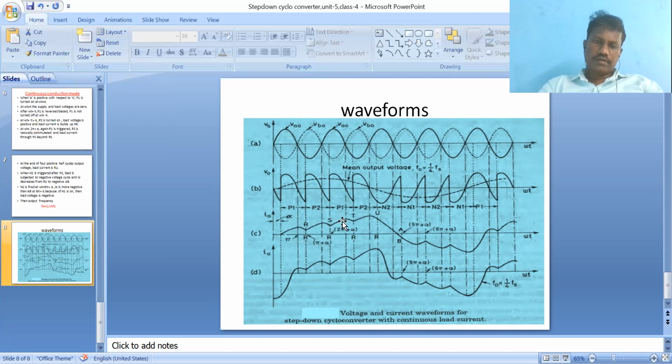Then in the negative portion N2 is triggered and the current decreases from A to B. Then N1 is triggered, B onwards, decreasing like that. The negative portion increases, and finally it decreases again.